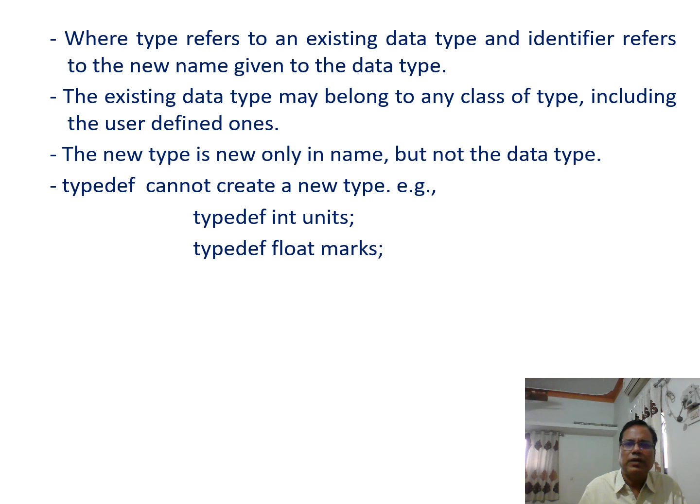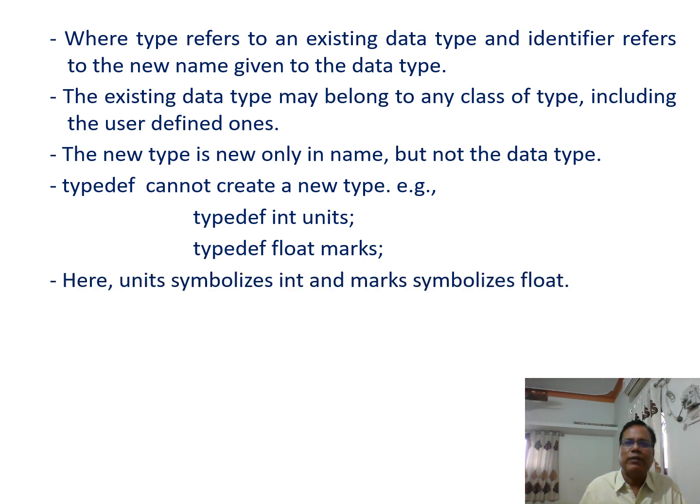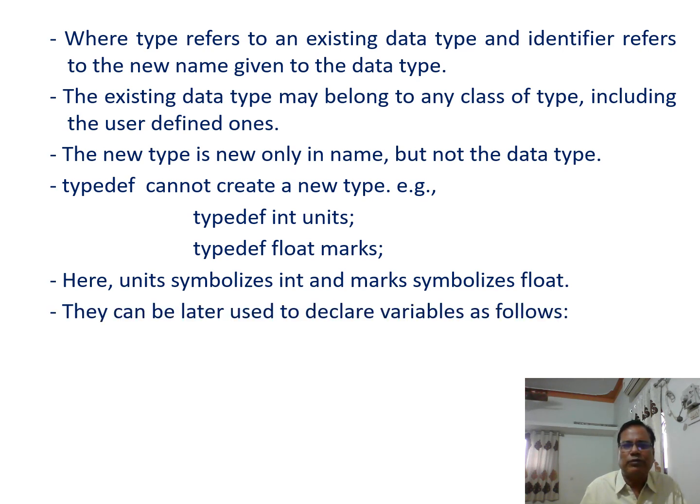In a similar way, typedef float marks defines a new name, marks, that is not a new data type but represents the float data type. Using units and marks, we can declare and define other variables of integer or float type. Here units symbolizes int and marks symbolizes float.